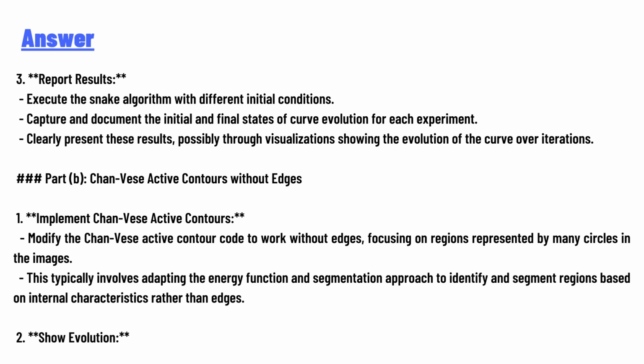Part B, Chan-Vese active contours without edges. 1. Implement Chan-Vese active contours. Modify the Chan-Vese active contours code to work without edges, focusing on regions represented by many circles in the images. This typically involves adapting the energy function and segmentation approach to identify and segment regions based on internal characteristics rather than edges.